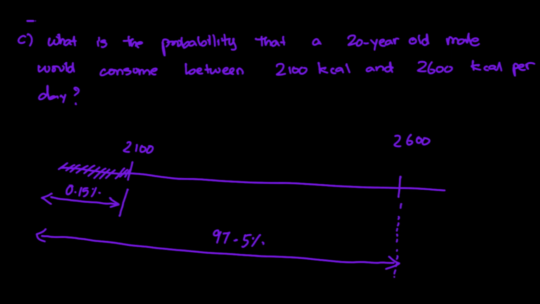Well, if all of this probability is 97.5% and that is 0.15%, that has to be 97.5% minus 0.15%, which would give me 97.35%. So the probability that a 20-year-old male would consume between 2100 and 2600 is 97.35%.